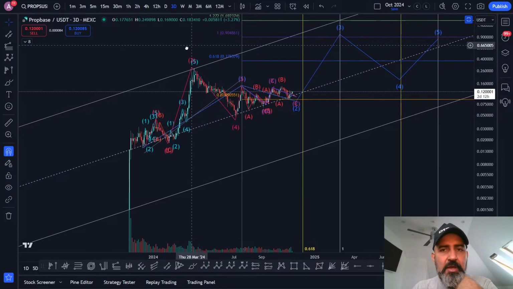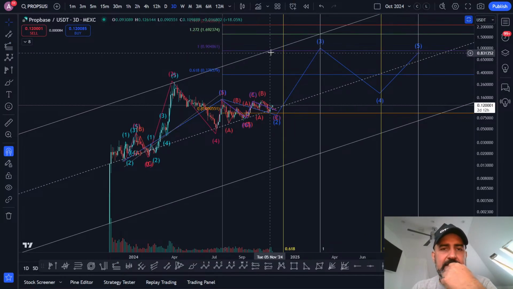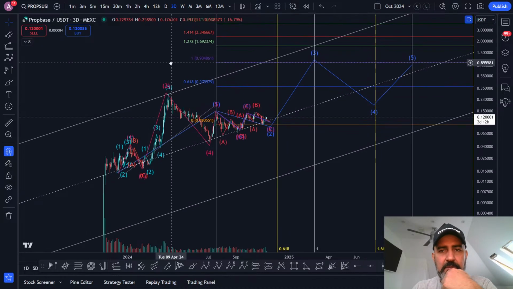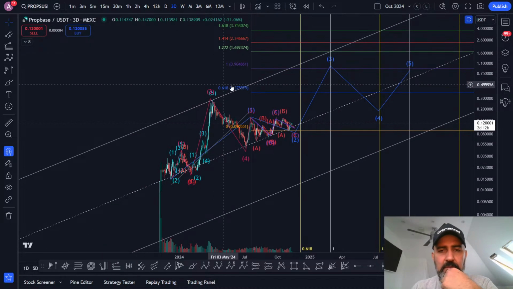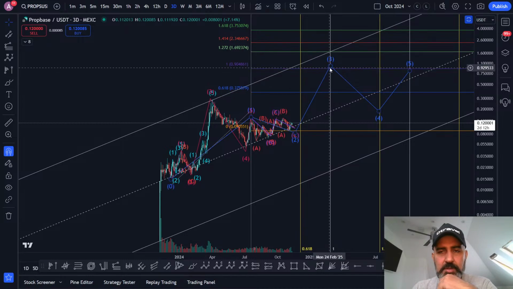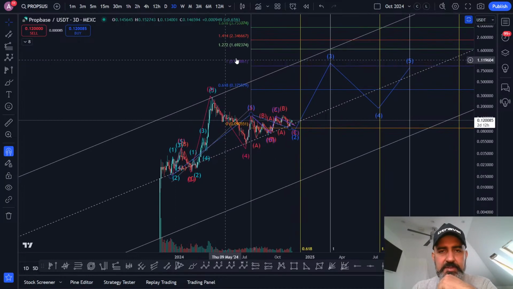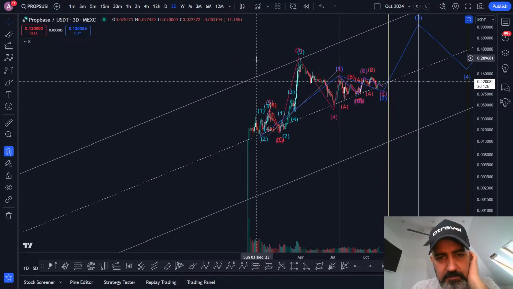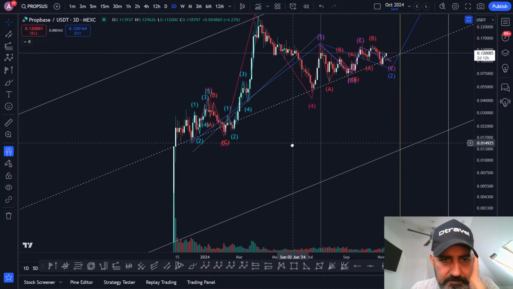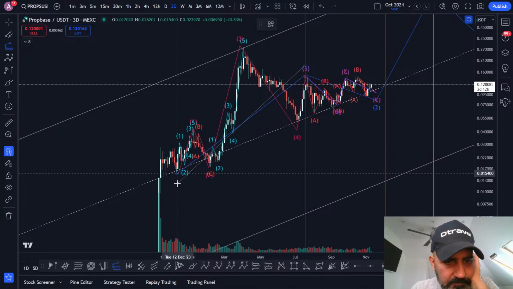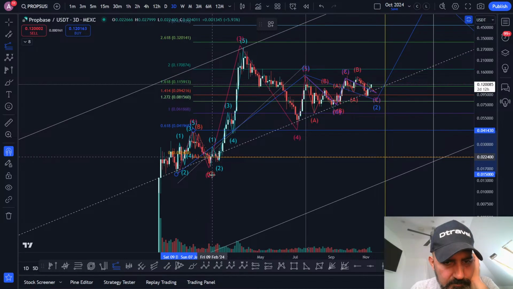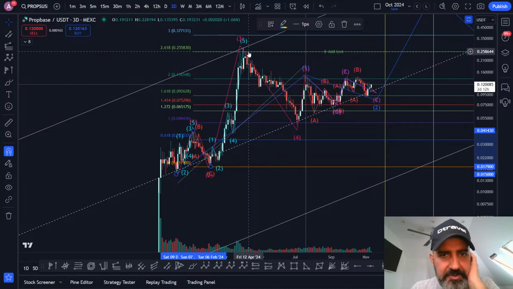A 1-to-1 will actually take us nicely, if we were to go now. .618. Let's have a look at this move here first. It took us to the two.